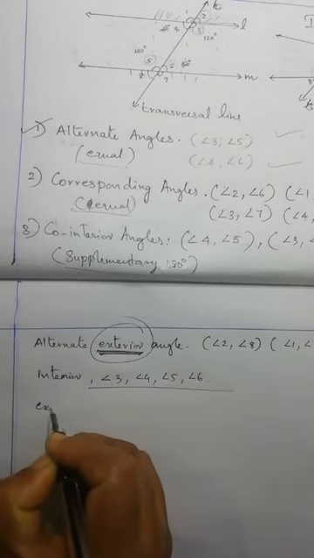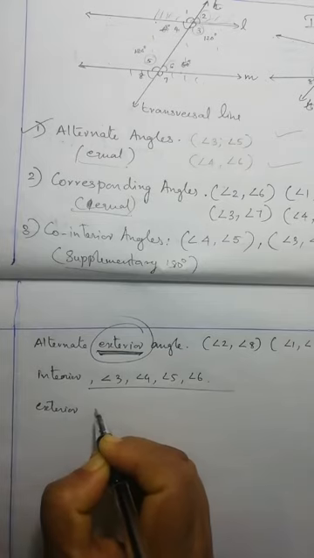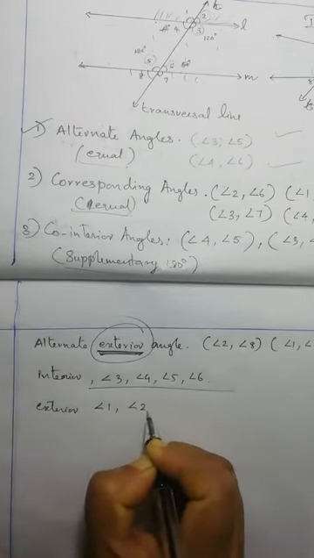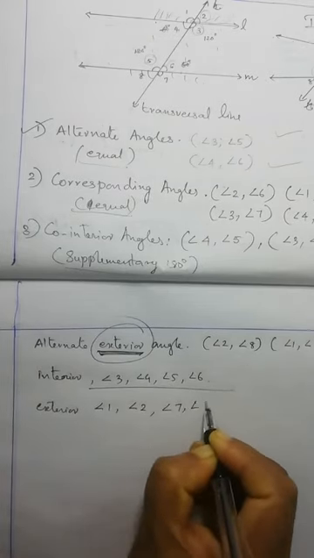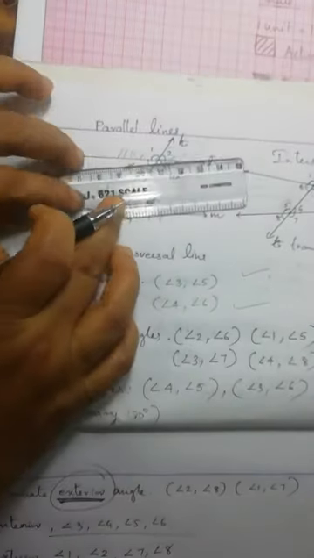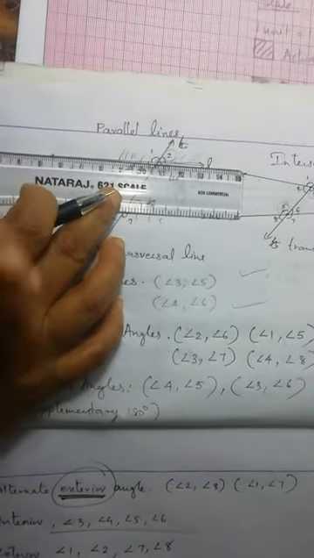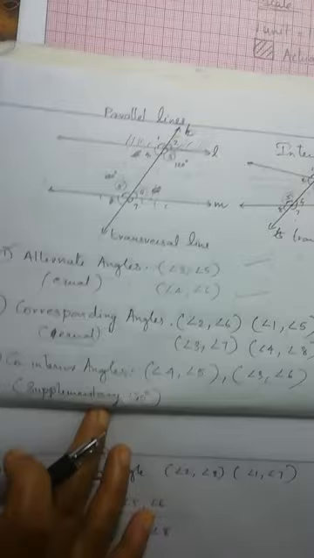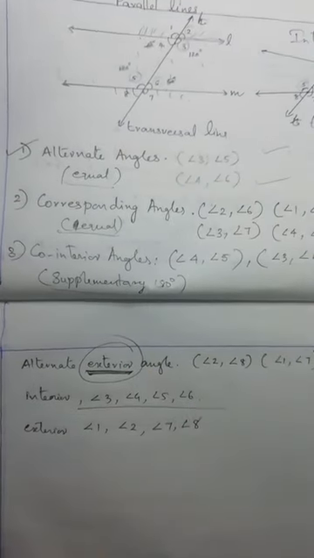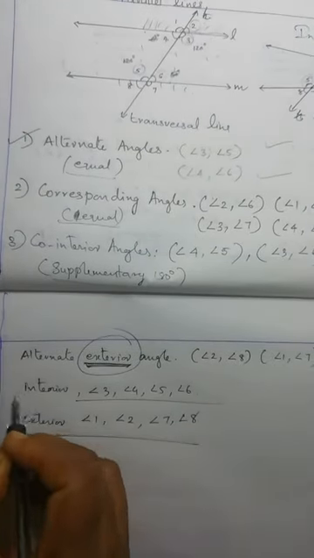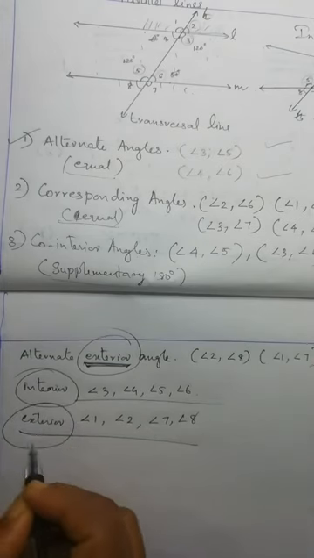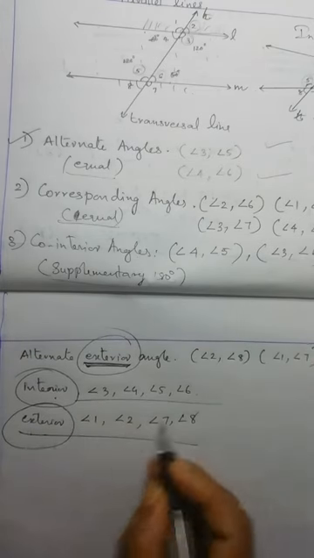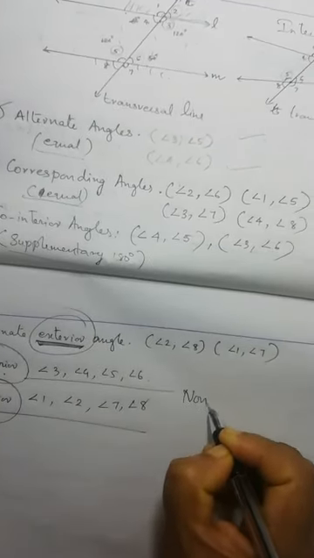Exterior angles are also not pair angles: angle 1, angle 2, angle 7, angle 8. Outside of these two lines are exterior angles. Inside of these two lines are interior angles. In the word meaning it is there. Remember that if only interior angle or exterior angle is given, they are non-pair angles.